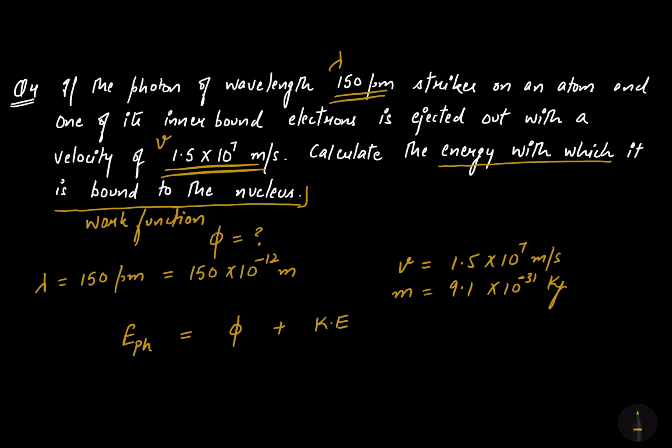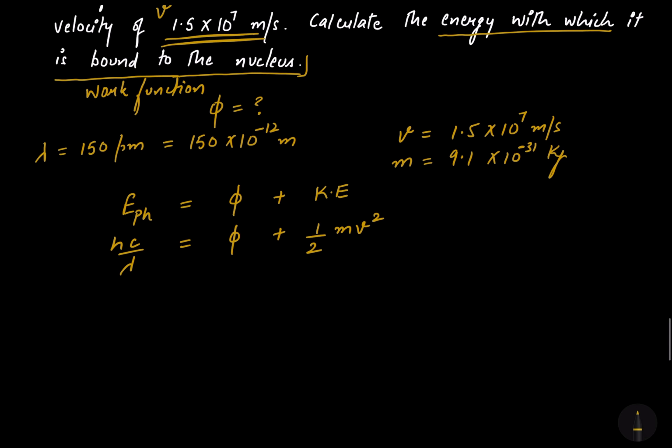Now, energy of photon is hc by lambda. It is equal to phi plus kinetic energy, which is half m v square. Now let's substitute all the given values in the formula. What's the value of Planck's constant?